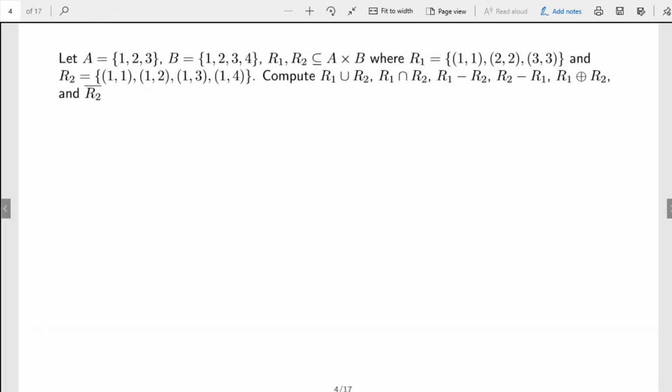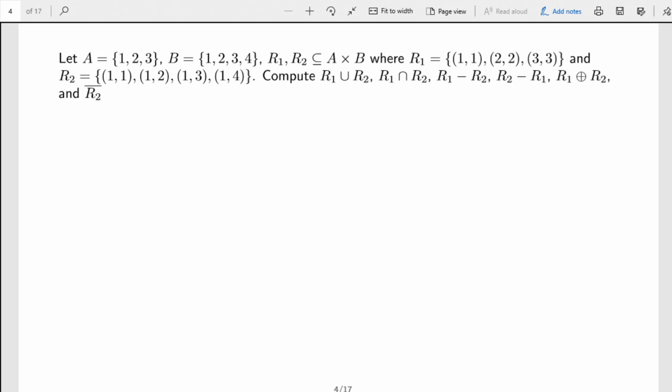Now let's have an example. Suppose you have set A containing the numbers 1, 2, and 3, and B containing the integers 1, 2, 3, and 4, and you have two binary relations defined on A times B, where R1 contains the pairs (1,1), (2,2), and (3,3), while R2 contains the pairs (1,1), (1,2), (1,3), and (1,4).